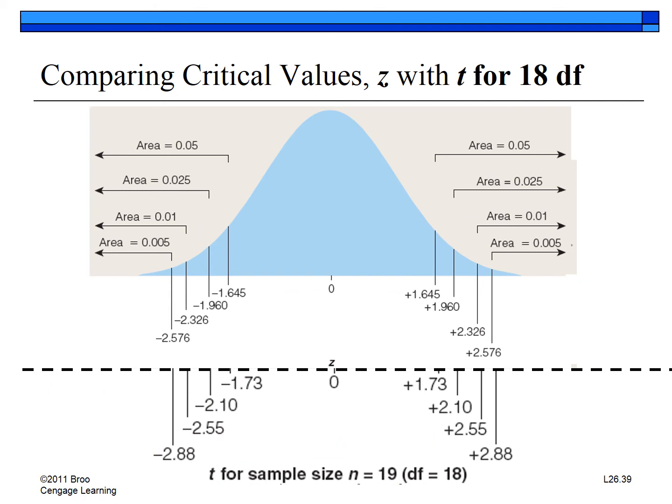So here's the comparison. We see z's above, and a z-score of 2 would fall just under the 0.025. But for t, with sample size 19 and 18 degrees of freedom, we see that 2 is actually a little bit less than the same number. That gives us an area a little bit bigger than 0.025.